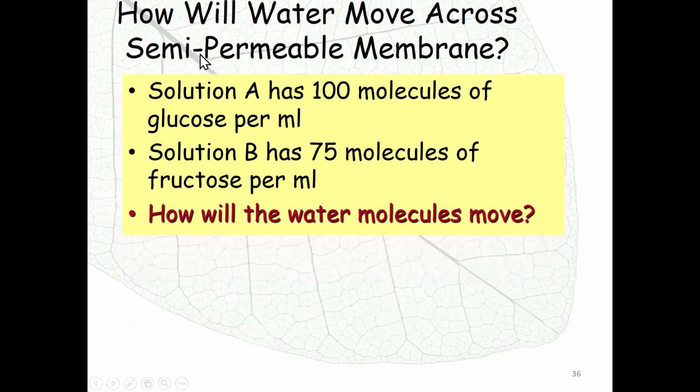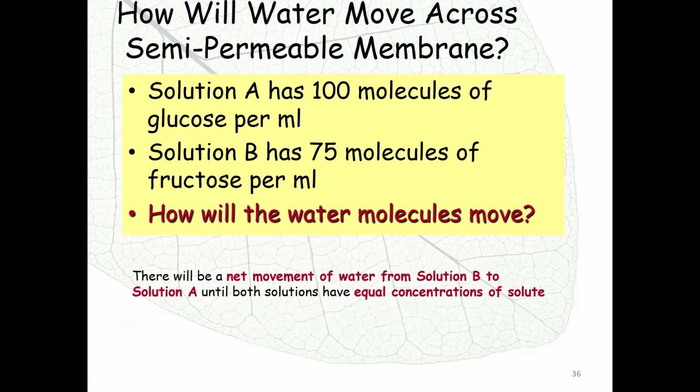But if solution A has 100 molecules of glucose per ml and solution B has 75 molecules of fructose per ml, how will the water molecules move? Water molecules obviously move from solution B to solution A. There will be a net movement of water from solution B, because B has a low solute concentration of fructose.